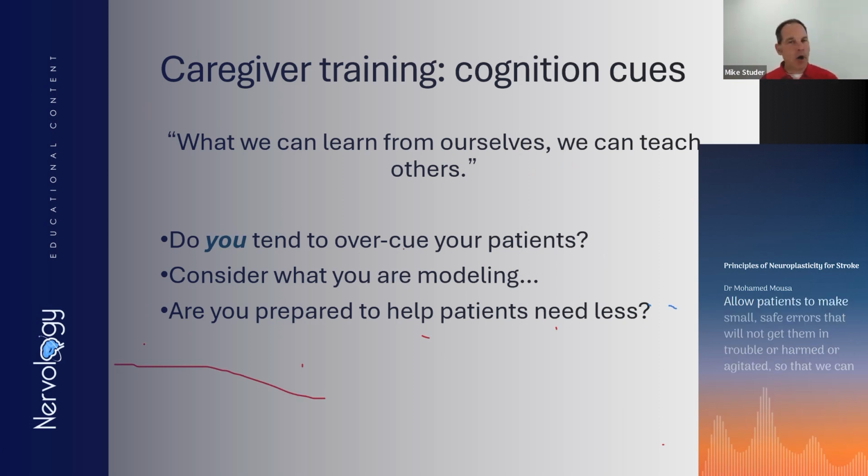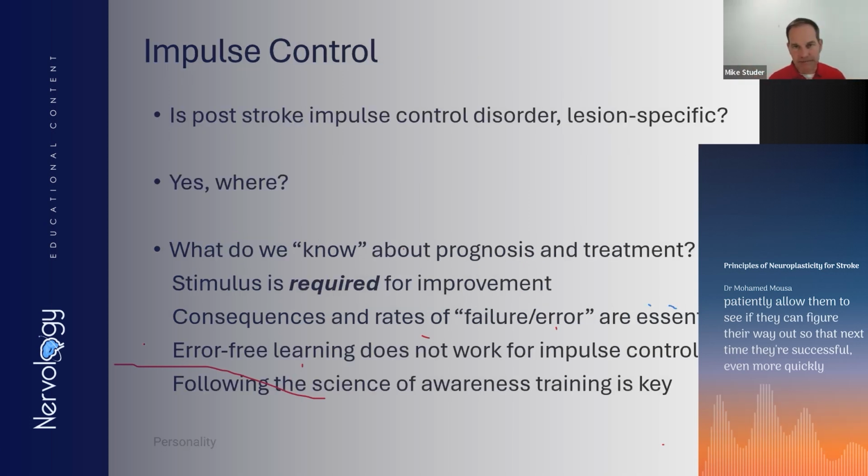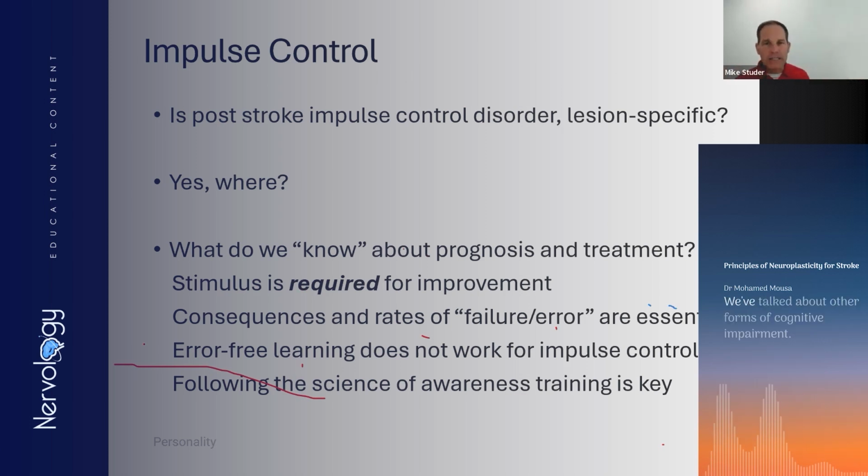Allow patients to make small, safe errors that will not get them in trouble or harmed or agitated, so that we can patiently allow them to see if they can figure their way out, so that next time they're successful even more quickly.